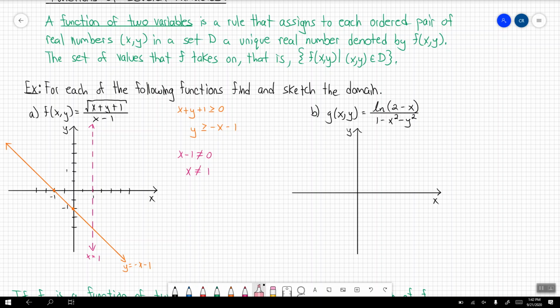Whichever inequality works, that's the one you go with. And so my domain here is going to be this portion above. So this is going to be all of the domain that we are working with.